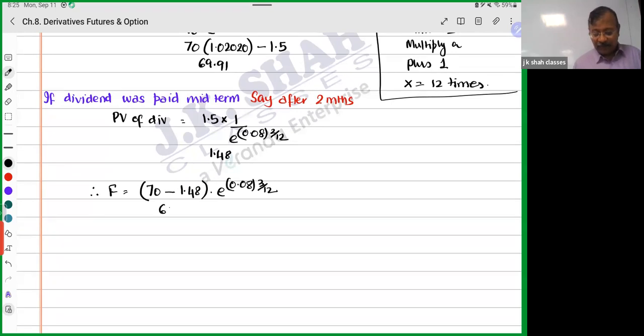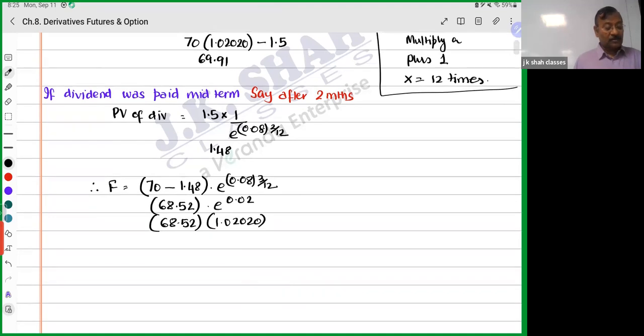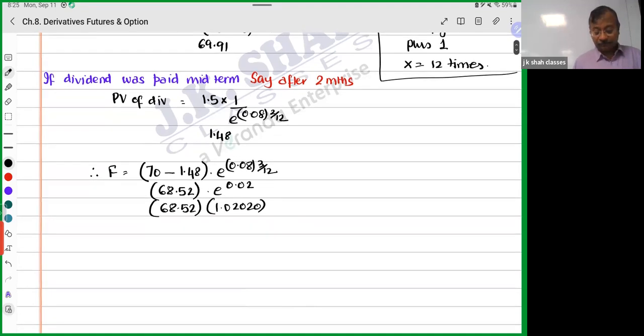This will be 68.52 into e raised to 0.02. $69.90.